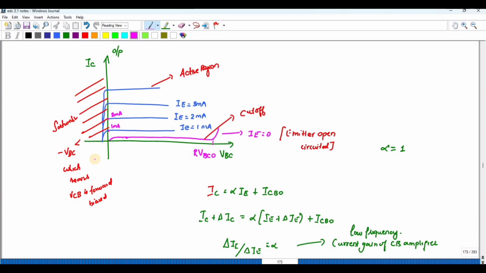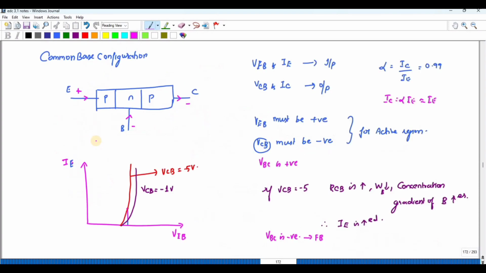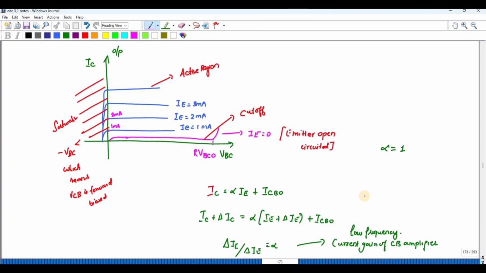In that region the IC value gets reduced, because the inverse of the earlier effect will happen. This reduces the value of IE, therefore the IC value gets reduced.